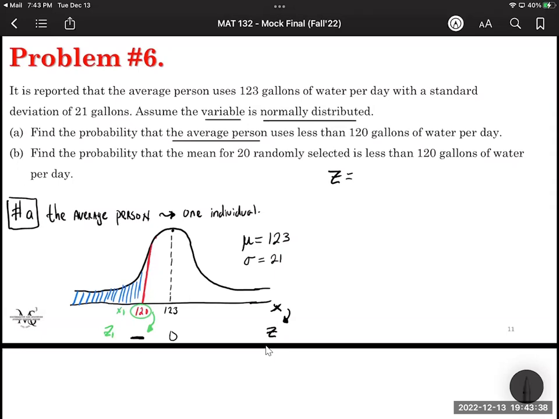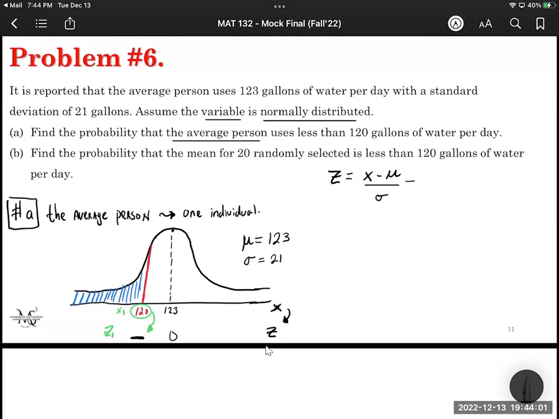X minus mu over the standard deviation. That's right. The single individual data value of interest, minus the mean, over the standard deviation. So if x is 120, the mean is 123. If I divide that by 21, I get a z-score, right?